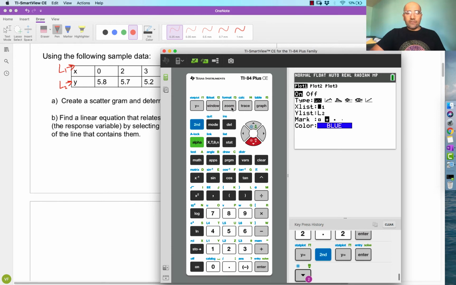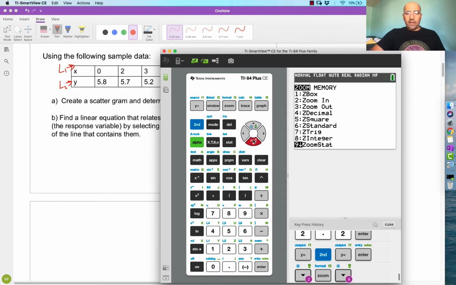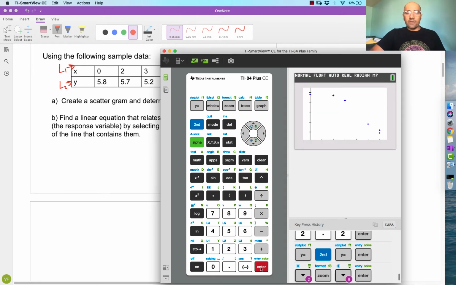Now we're going to hit Zoom, and then the 9th option down. You can either hit 9 or you can scroll down and then select 9 and hit enter. And there we go. So here's what that scattergram looks like. If we wanted to know what each of these individual values are, we can hit the Trace button.